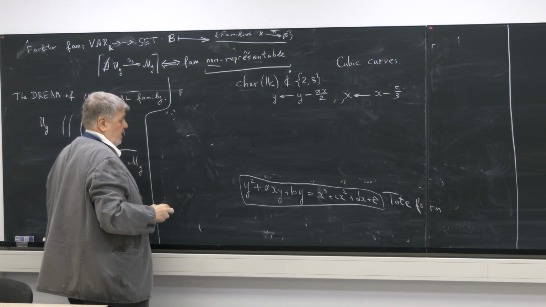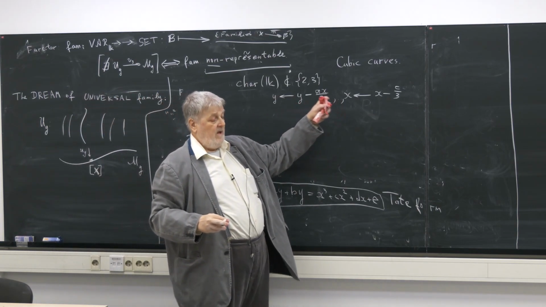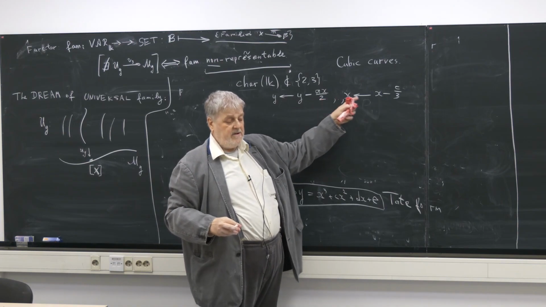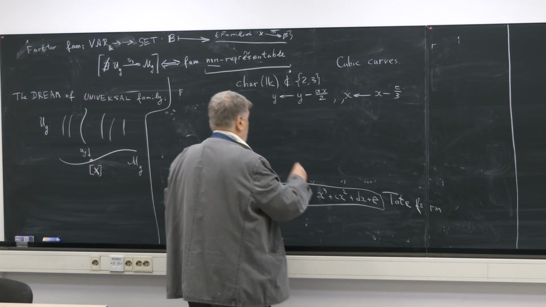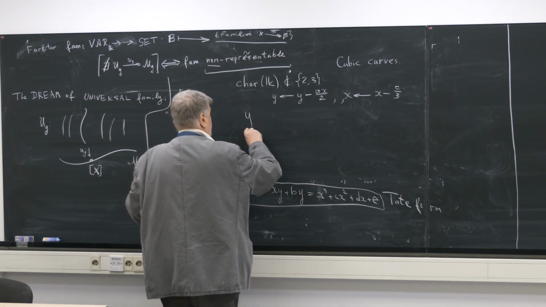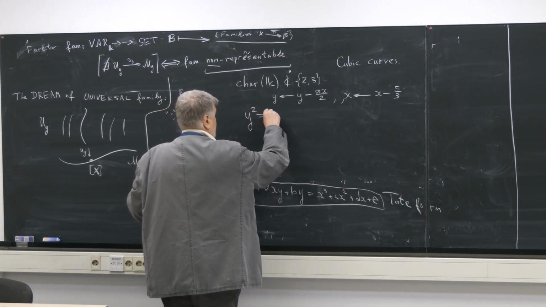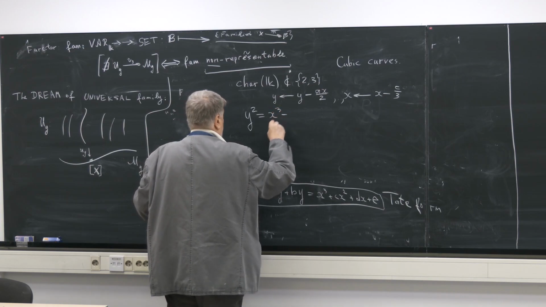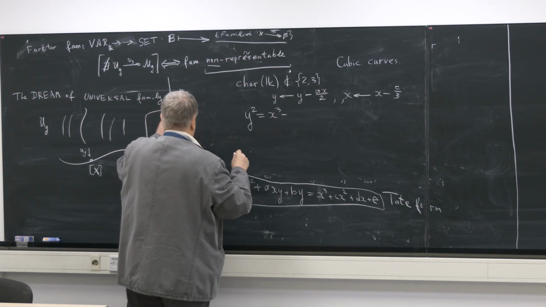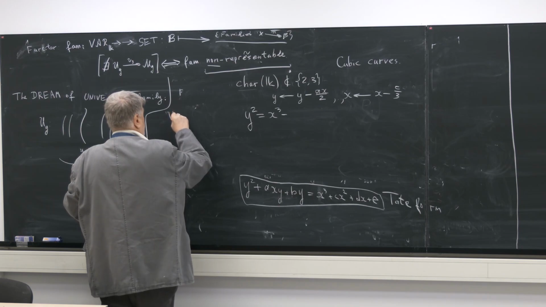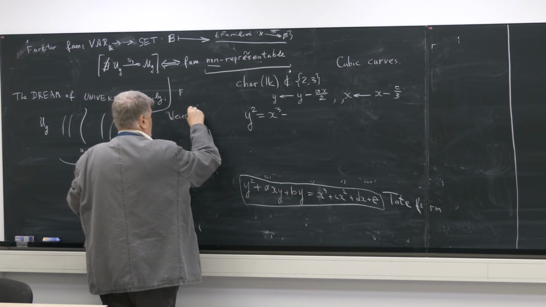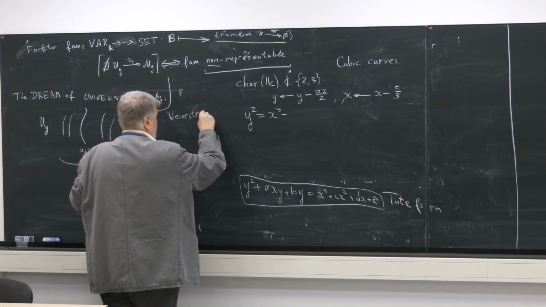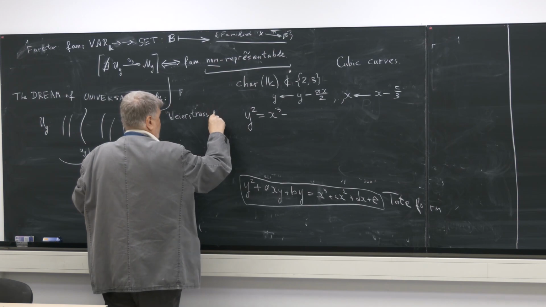As you see, we actually use the assumption that characteristic is different from 2 and 3. And then we get to the standard form. Perhaps we call it the Weierstrass form, though there are several ways of understanding what a Weierstrass form is.